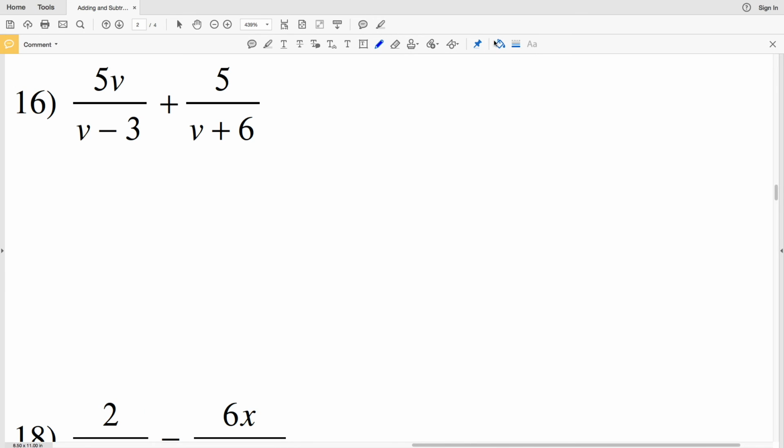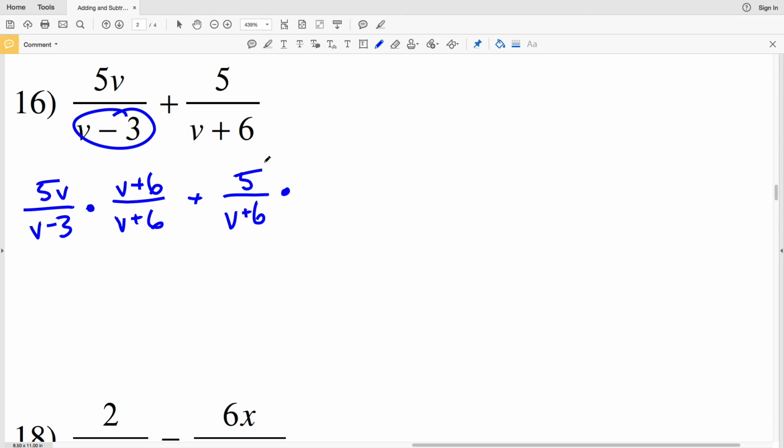In number 16, I'm going to be multiplying each of those fractions by 1. So I'll take 5v over v minus 3 and multiply it by v plus 6 over v plus 6. And that will get added to 5 over v plus 6 times v minus 3 over v minus 3.